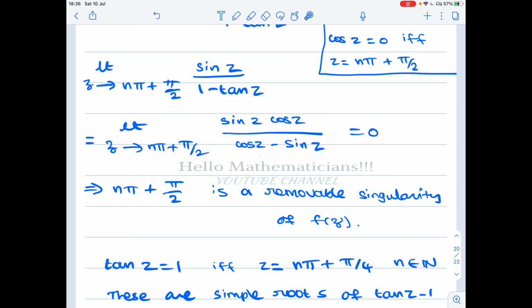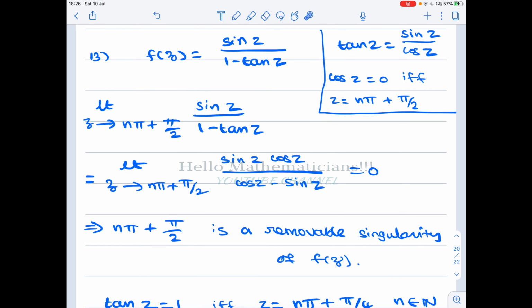In the denominator, you will get minus sin of n pi plus pi by 2, that is a finite quantity. So the denominator goes to a finite value, the numerator goes to 0, so overall it goes to 0. So if the limit z tends to z naught of f of z exists, it means that these points are all removable singularities.